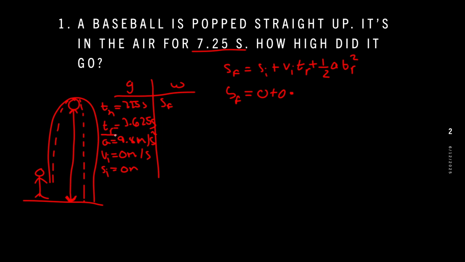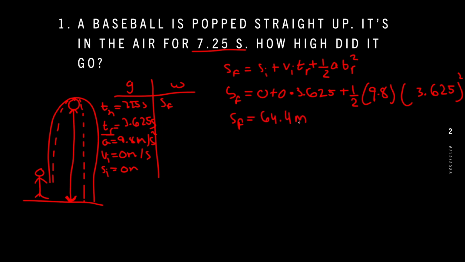So we could use this value right here, T rise, 3.625, plus 1/2 times a, which is 9.8, times the rise time, 3.625 squared. And then if we just solve for S_F, S_F would be 64.4 meters. I rounded that value off to 1 decimal point. So this is our final answer, 64.4 meters.